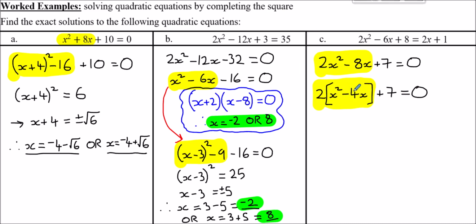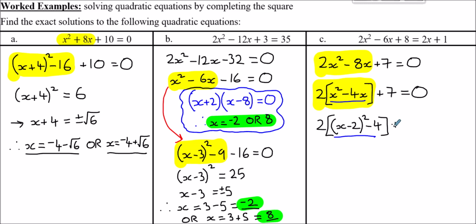We now complete the square on what's inside of these brackets. So we can have two lots of x, half this coefficient, half of -4 is -2, square all of that, subtract away the -2 squared, -2 squared is 4, and so this bit inside the brackets here becomes what we can see here.